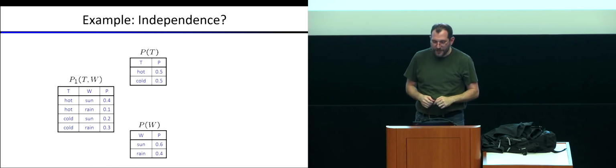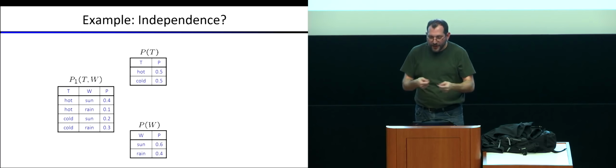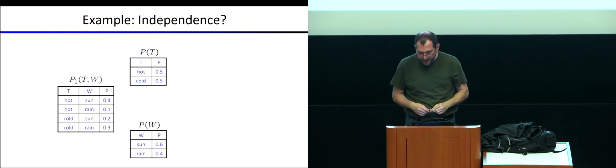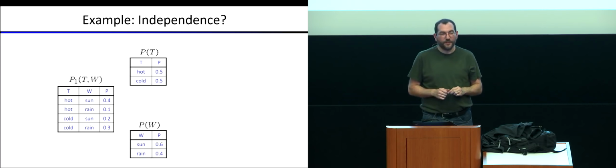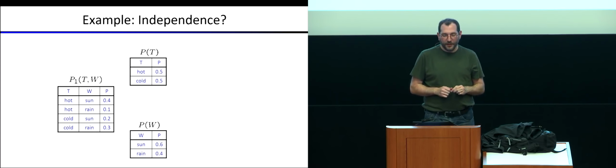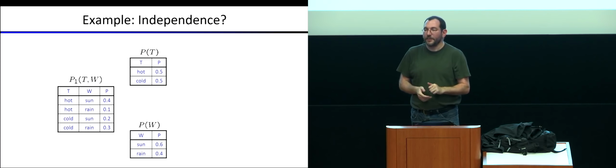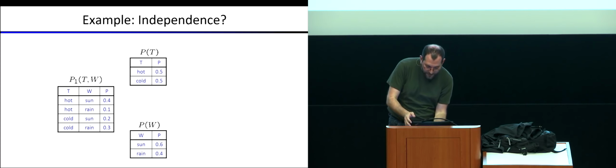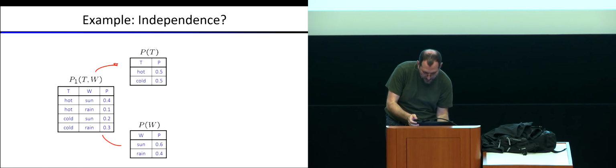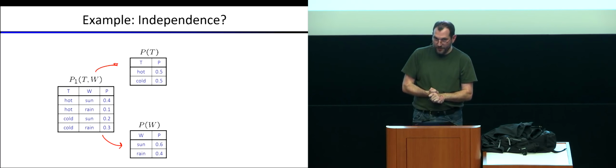And of course I can do that for P of W too. I do my computations, and I see that the total probability of sun is 0.6, for example. Okay, so P1 here on the left is a joint distribution over these variables. PT and PW are marginal distributions of that joint distribution. So these are derived.